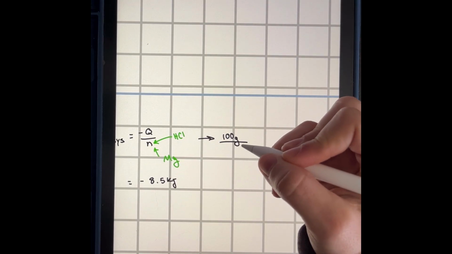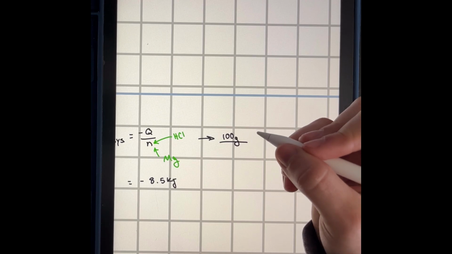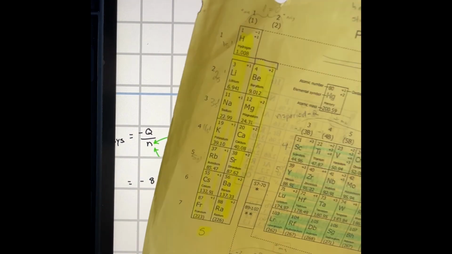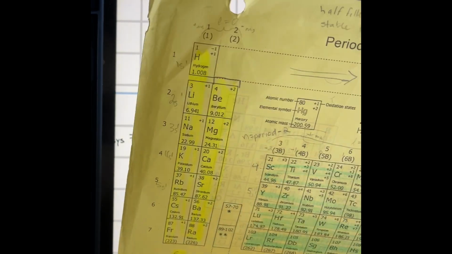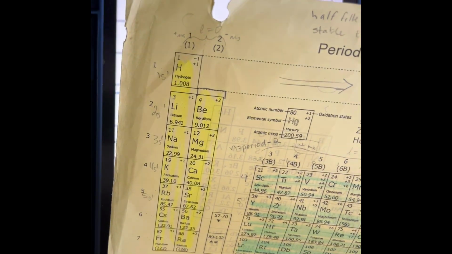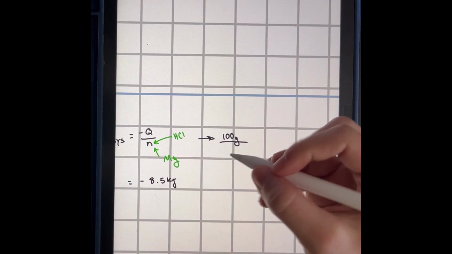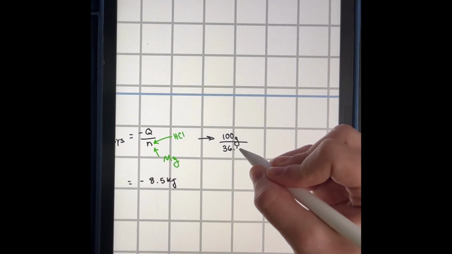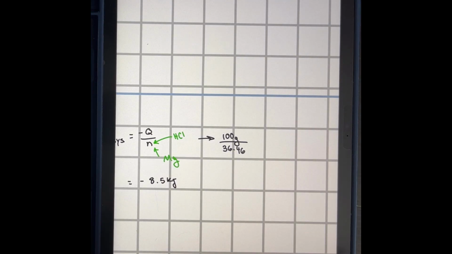So the molar mass of HCl, I grab my periodic table: 1.01 plus 35.45, so we have about 36.46. I should do calculations even for the easiest stuff, just to make sure.